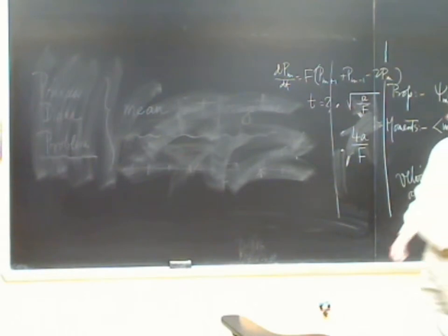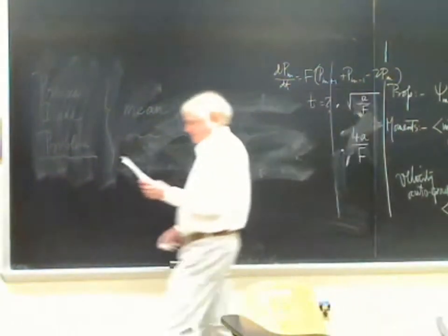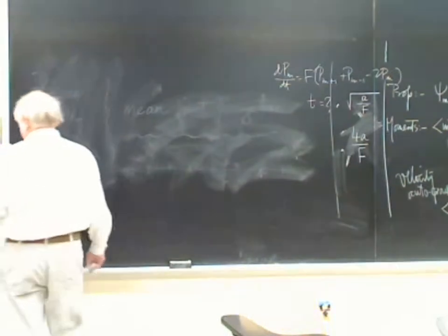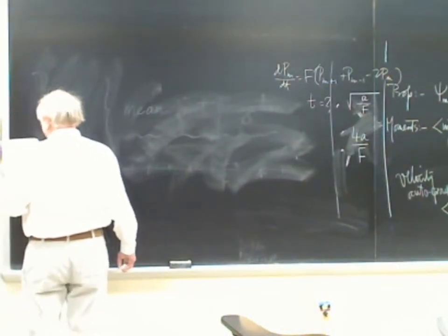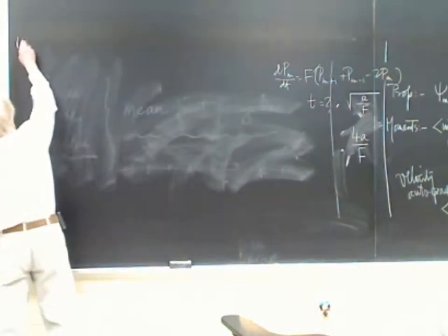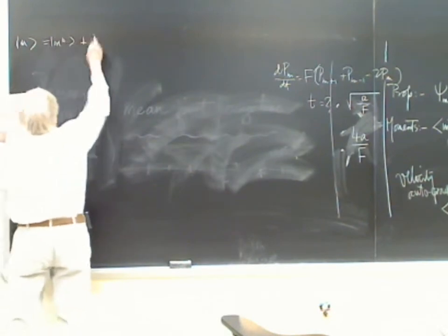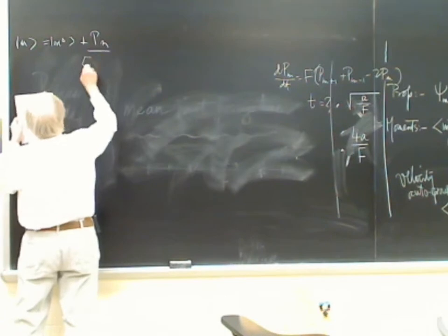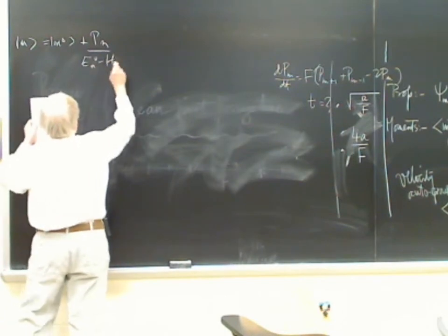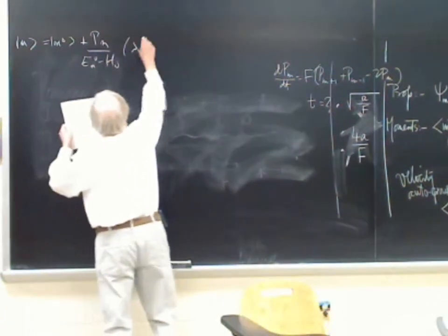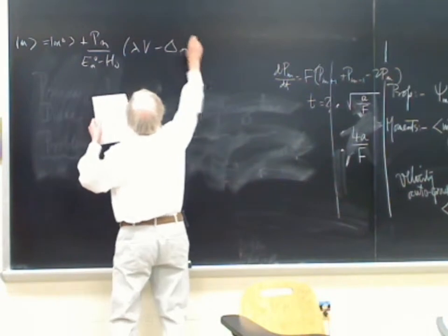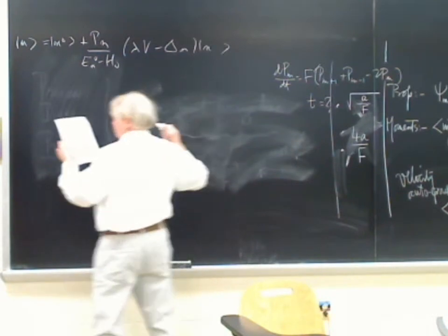Yeah, all right. Another way of writing this, let me just do this quickly then. We have this plus Pn over En0 minus H0, lambda b minus delta n, and that's our basic equation.